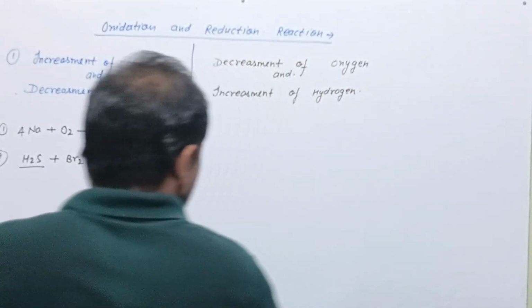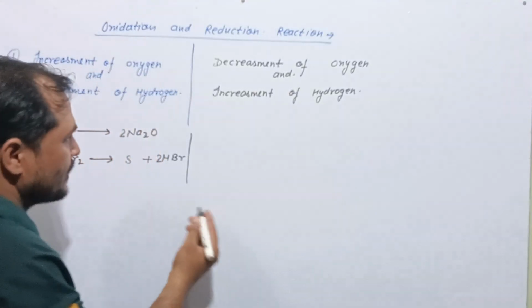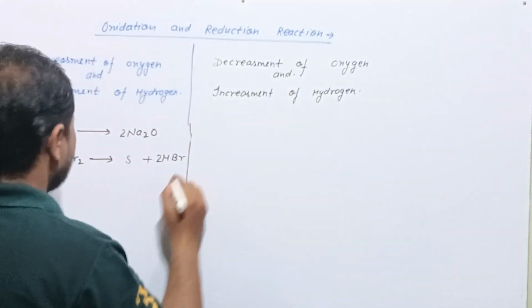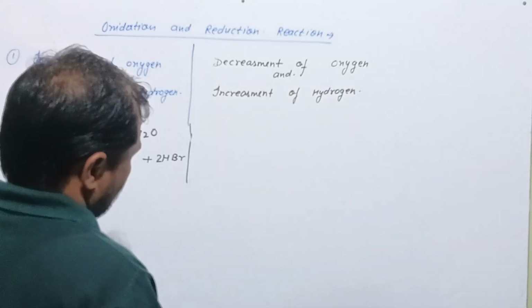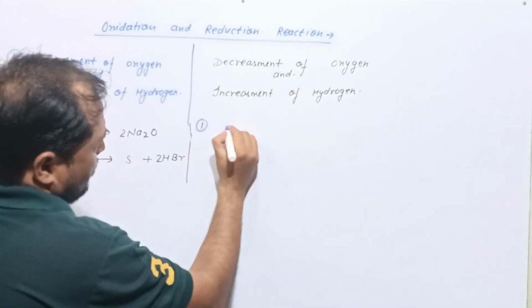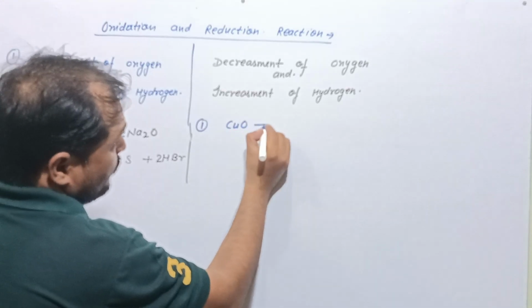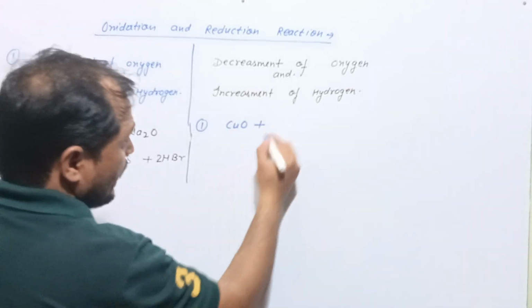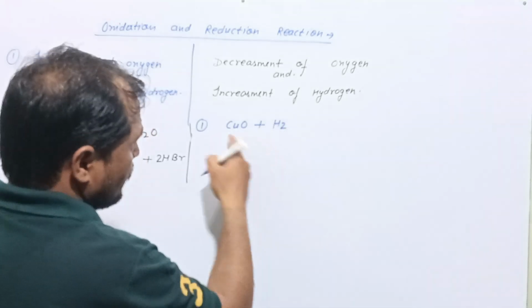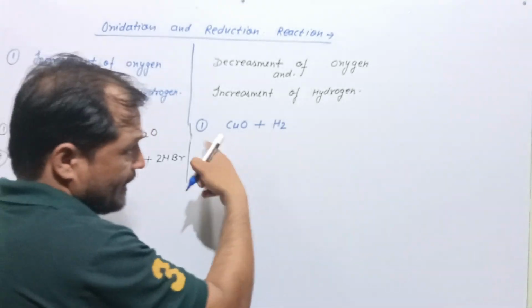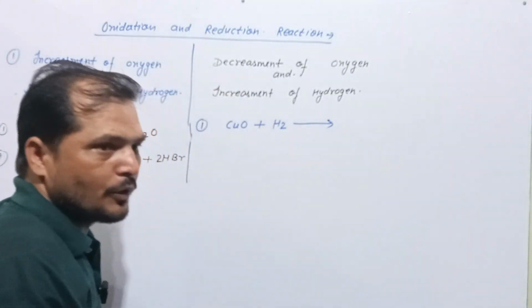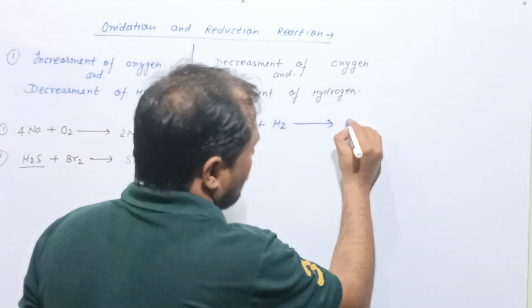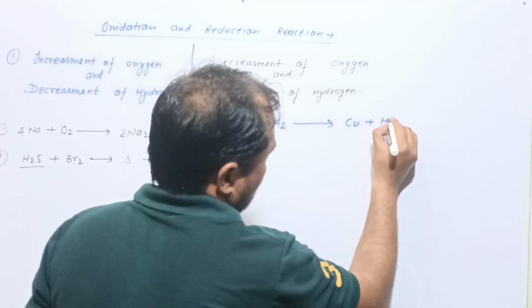Hence, let us take an example. If we have copper oxide, CuO, and it reacts with hydrogen, it provides the product copper plus H2O.